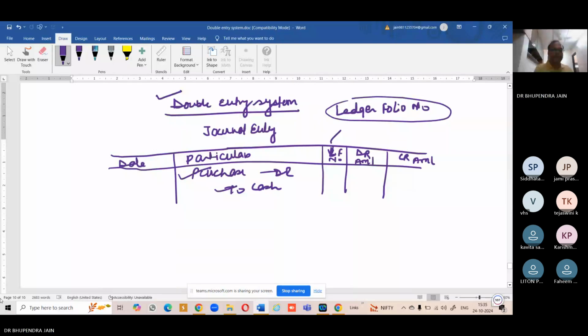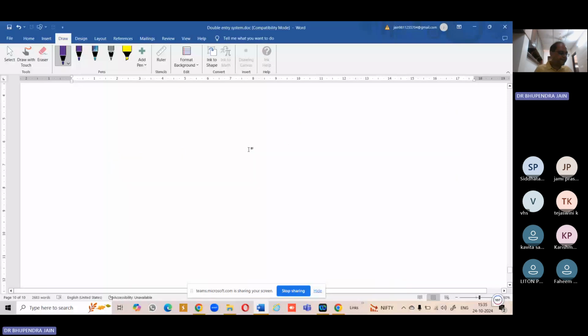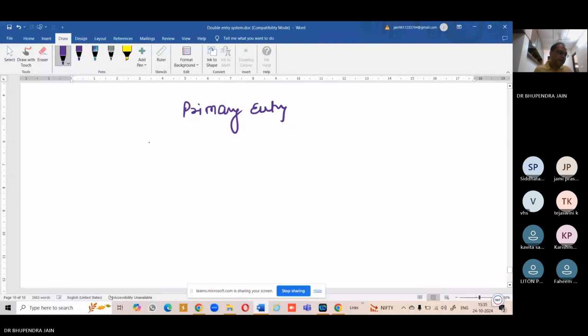Now, the types of books we will prepare. The first book is the primary entry book, and the second is the subsidiary book.